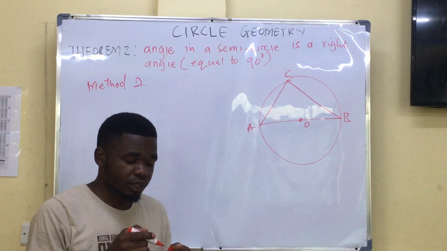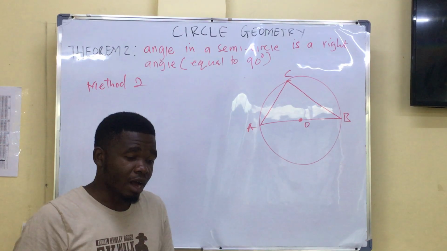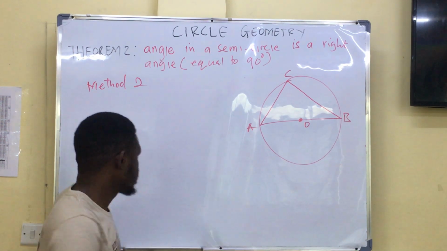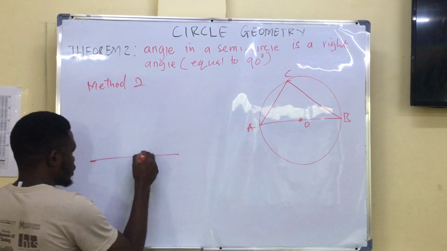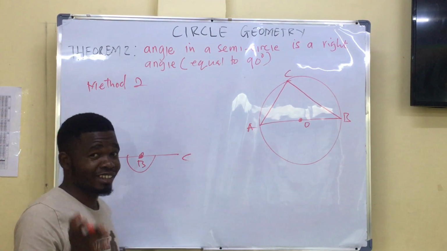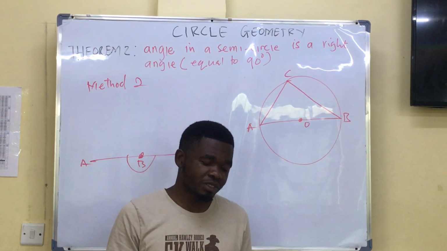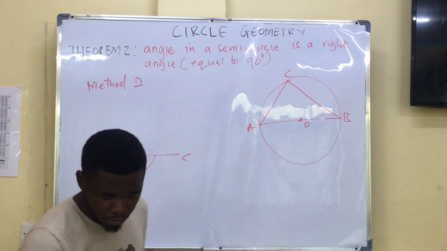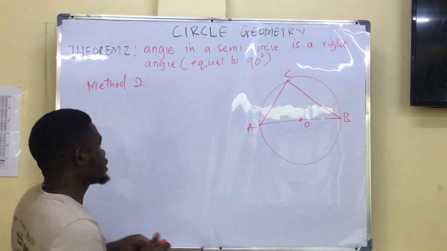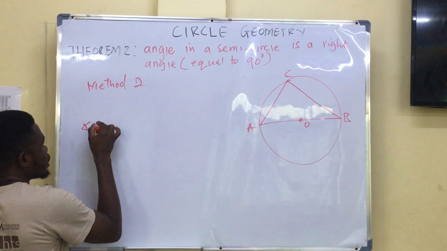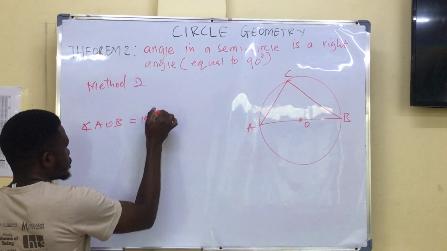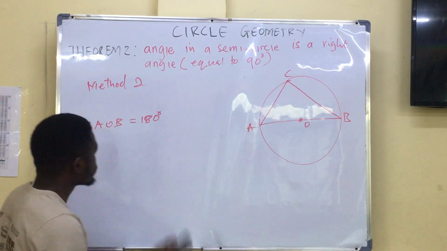Remember, angles on a straight line are equal to what? 180 degrees. We can say that angle AOB is equal to what? 180 degrees. Sorry, it's supposed to be 180.